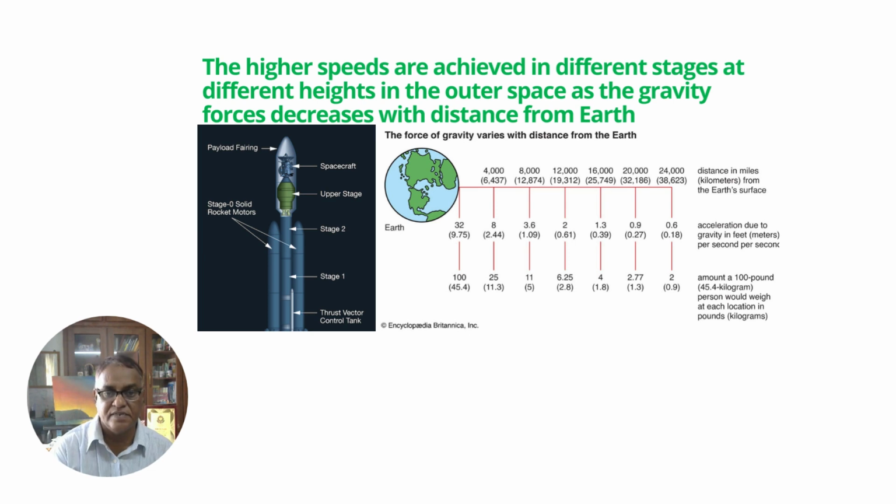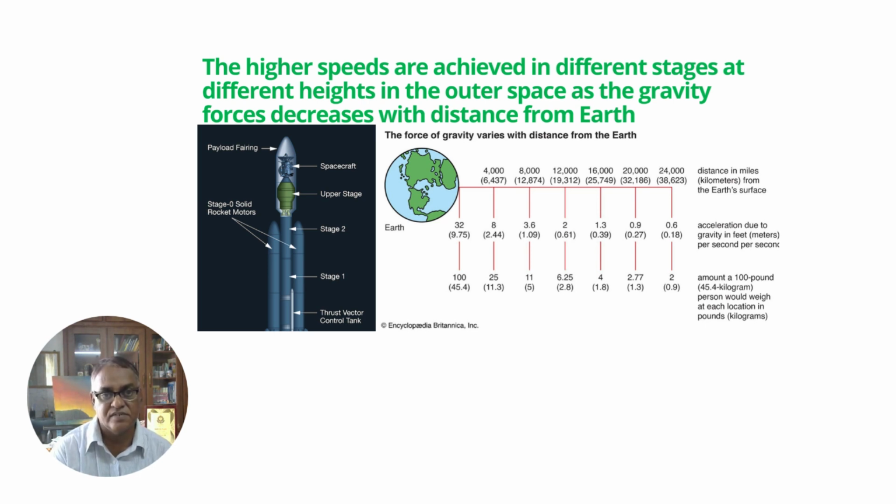Since we cannot attain very large speeds at a single instance, rockets are designed to have multiple stages, which provide them the facility to enhance the velocity at different stages.